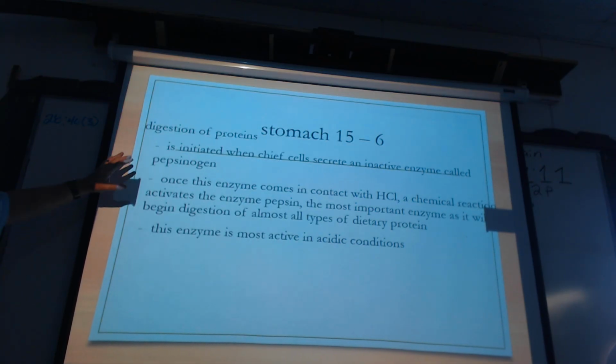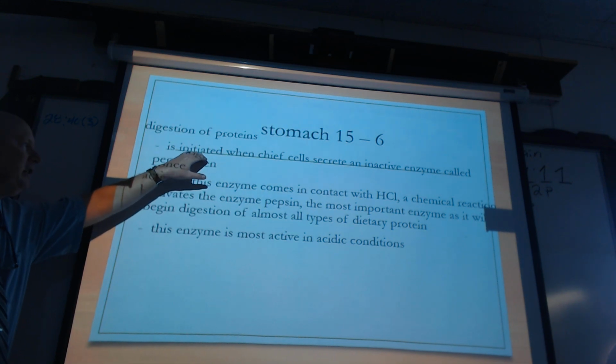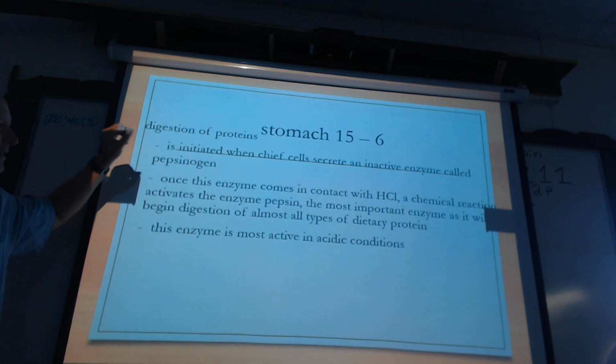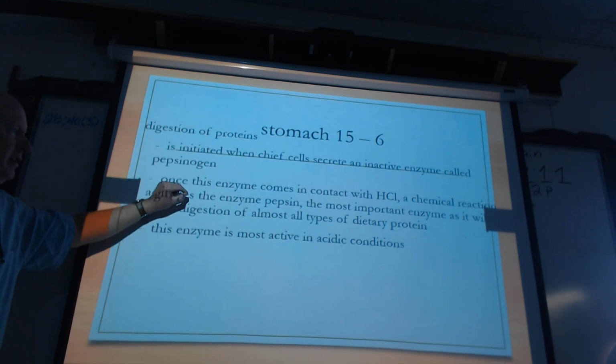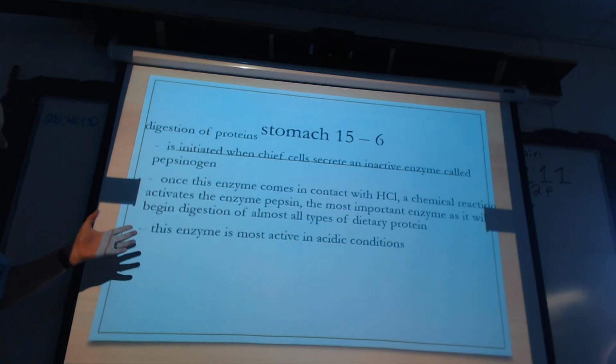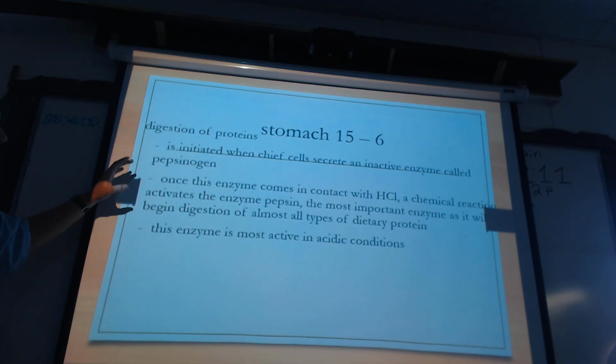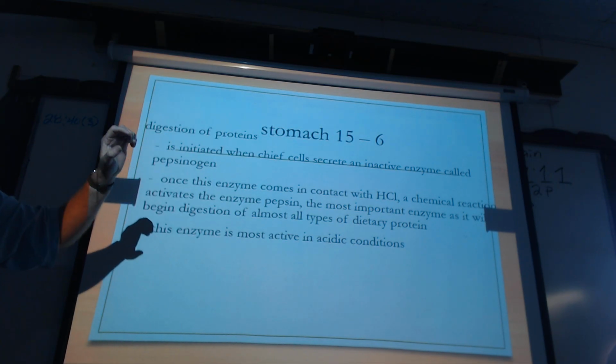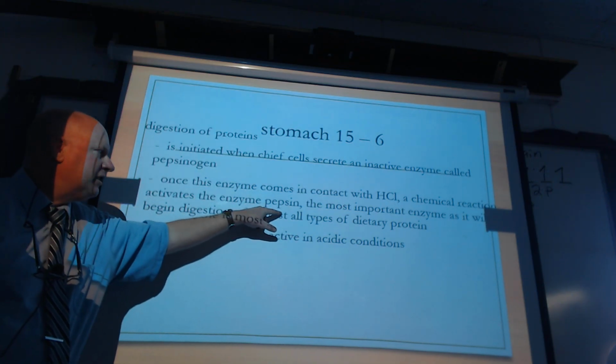So this pepsinogen is not active when these chief cells secrete it. It's not until the parietal cells release this acid, hydrochloric acid, that it becomes active. So then the main enzyme that deals with protein digestion is this one.